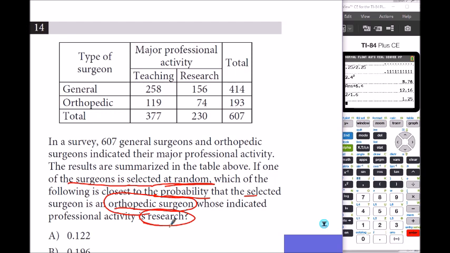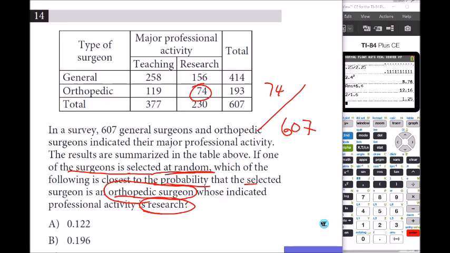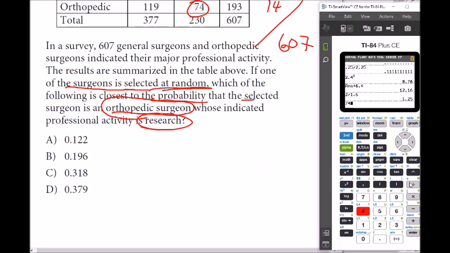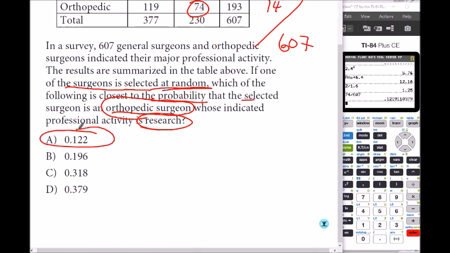So orthopedic and research, it's 74 out of the total surgeons, which is 607. So 74 divided by 607 equals 0.122. So B, yeah. By the way, section 4 is calculator. You can use a calculator.